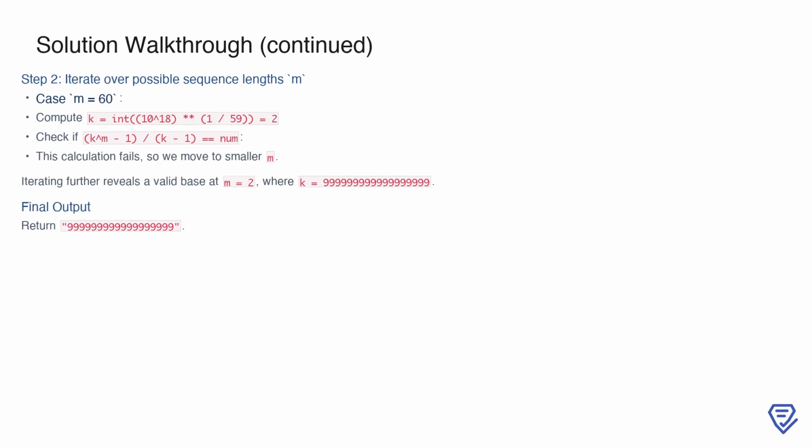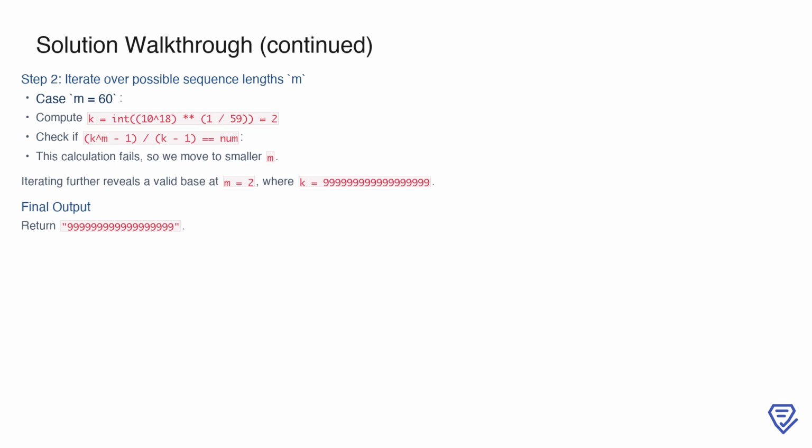For the third example, where n equals 10^18, we calculate max_m equals 60 based on the binary representation of n. Starting with the largest possible sequence length, m equals 60, we compute k equals int(10^18^(1/59)) equals 2. Substituting this value, the equation does not hold, so we reduce m and continue testing.